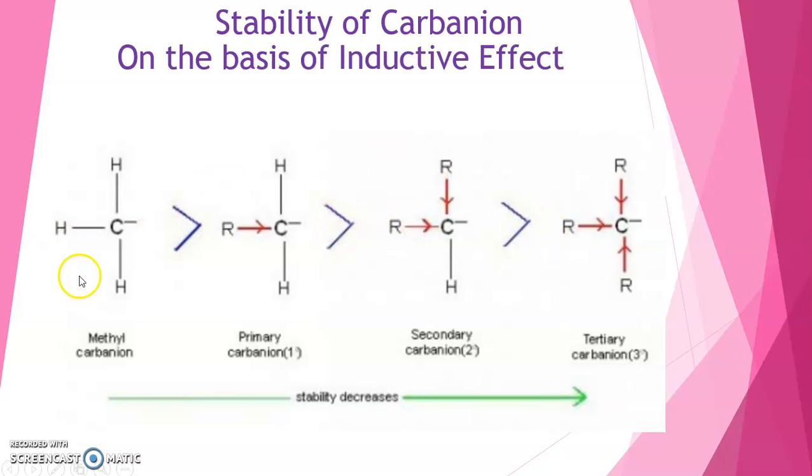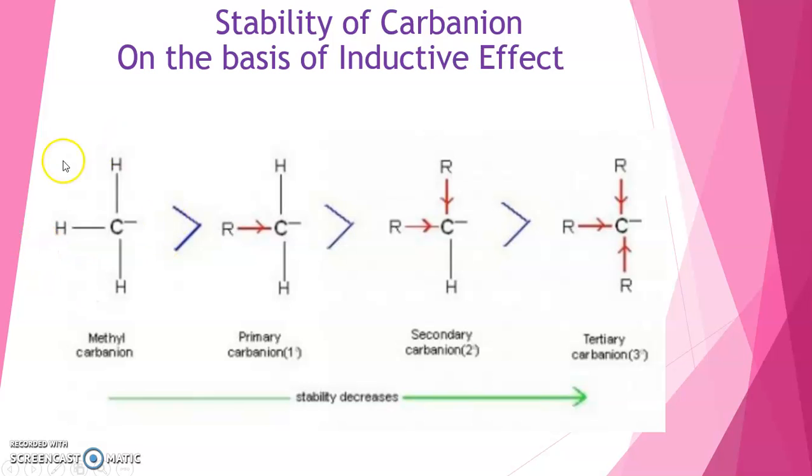What happens in case of methyl? No alkyl group. In case of primary carbanion, one alkyl group. Secondary contains two alkyl groups and tertiary contains three alkyl groups. Naturally, the stability order goes on decreasing from methyl to primary to secondary to tertiary.